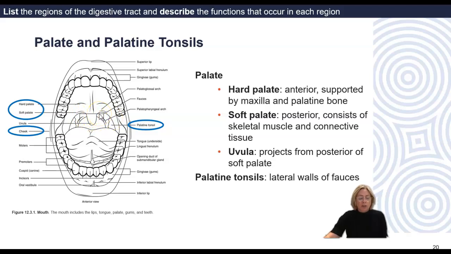And the palate itself is really important in swallowing, because it prevents food from entering the nasal cavity during that process. We also have the palatine tonsils that we talked about before in the lymphatics and immune topic, and they form the lateral walls of those fauces, which are the openings to the pharynx, and they're really important in immune function and that first line of defense against any kind of pathogens entering the mouth.